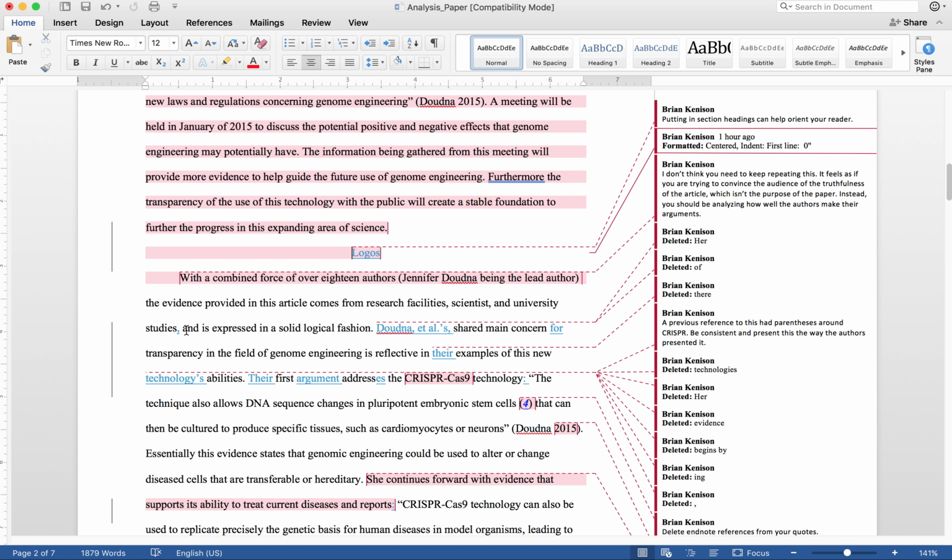That's not the purpose of this paper. Instead, you're supposed to be analyzing how well the author makes their arguments. And so that's what you kind of need to be looking for.